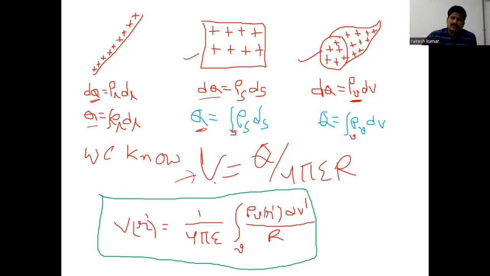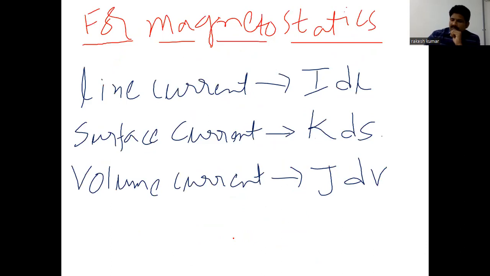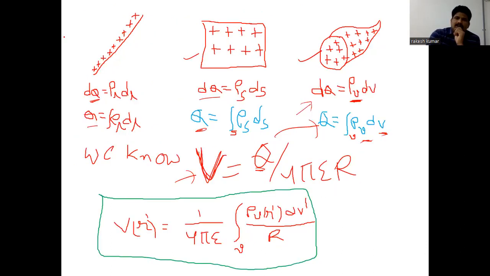We know that the expression for scalar potential V is equal to Q by 4 pi epsilon R. In the place of Q, I will replace this with the formula. So Q is equal to the integral of rho V dV, giving V equal to 1 by 4 pi epsilon into the integral of rho V dV by R. This is for electrostatics.